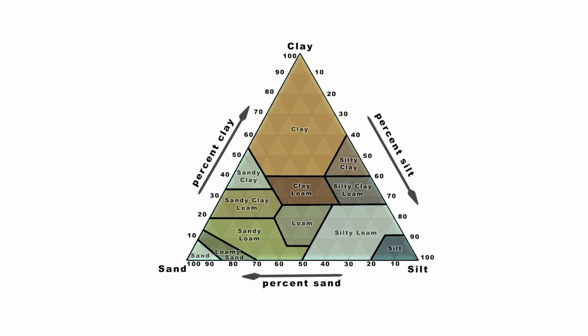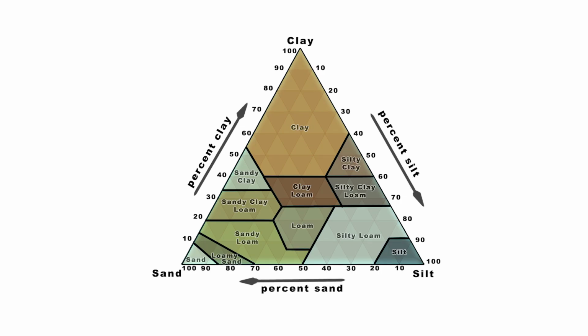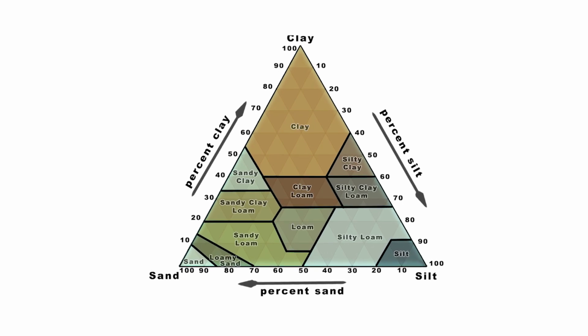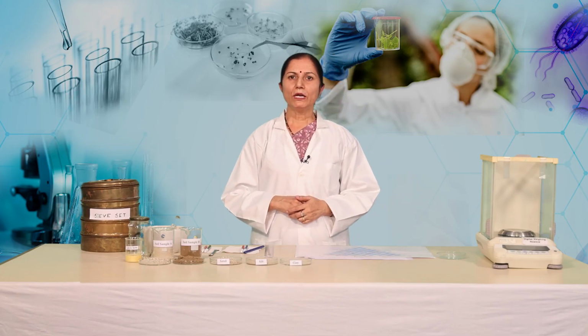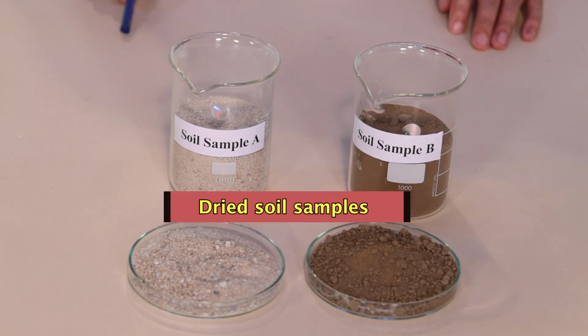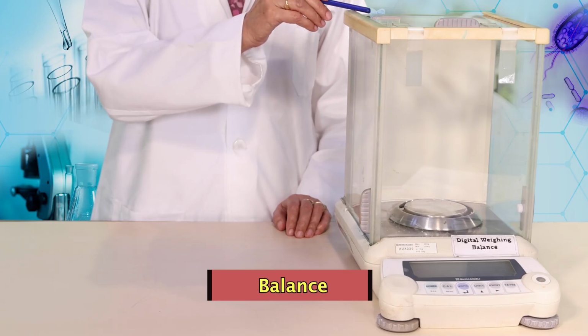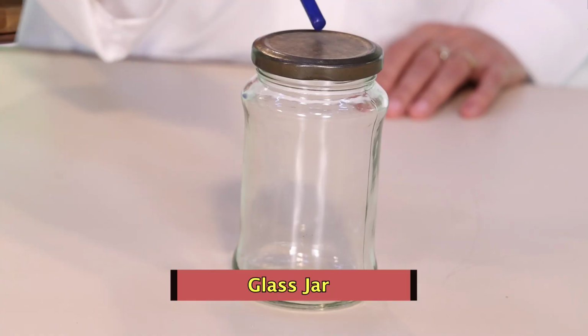This triangle helps to determine the texture of a particular soil sample if the percentages of the three types of soil particles are known.